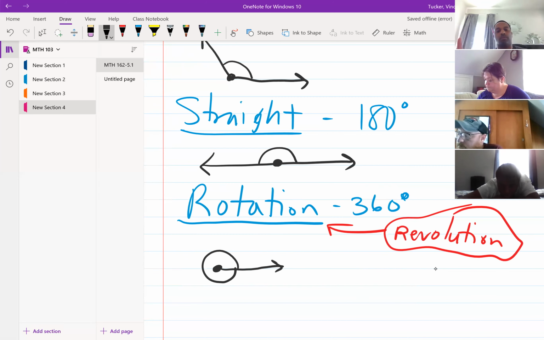Not necessarily one of your types of angles, but as far as notation is concerned, if a rotation or a revolution is mentioned, that's 360 degrees.